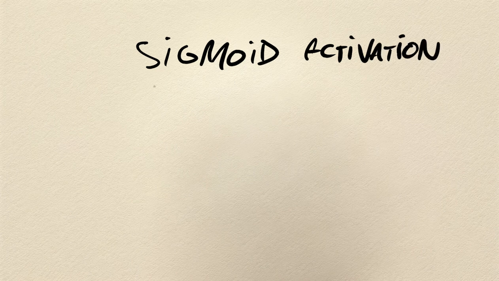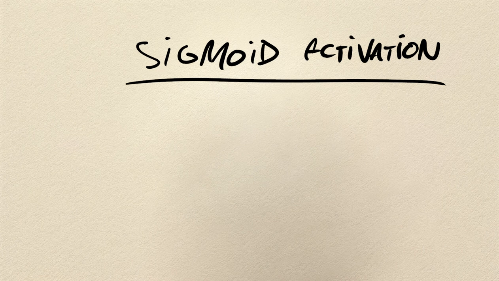The next one is going to be the sigmoid activation function. I'm not even sure that's how you spell it. This is actually something that is being taught a lot in the traditional and academic approach of learning about neural networks.